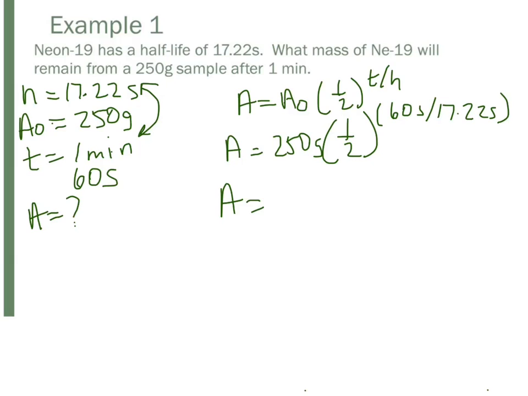So what I would do on my calculator is I would do 0.5, and then I'd use my x to the power of y button, and then I'd open my brackets, and I would actually type in 60 divided by 17.22, close my brackets, hit equals, and then I would multiply it by 250, and you get 22.3 grams. So let's leave it at that because the 1 minute is kind of skewing our sig figs. So let's leave it at 22.3 grams. And that's it. That's all there is to calculating half-life.